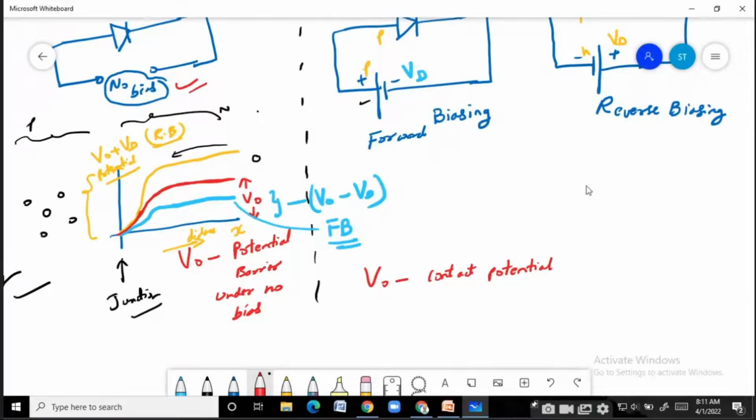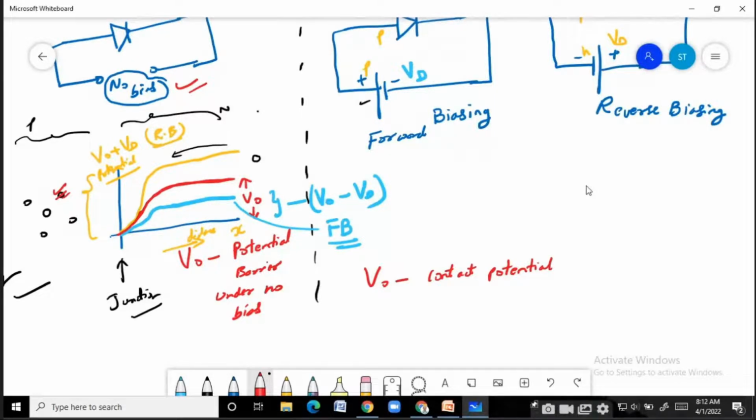Under no bias condition, there is a barrier that does not allow the holes on the P side to go into the N side. Similarly, such a barrier also exists for the electrons which want to move from the N side into the P side.